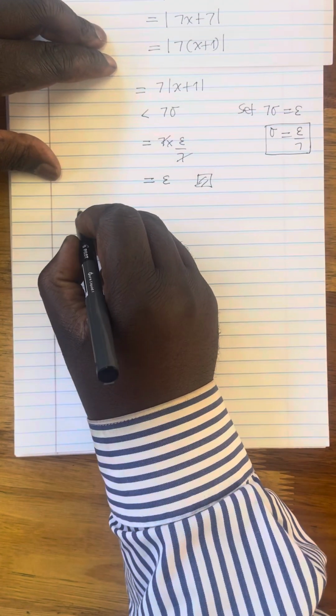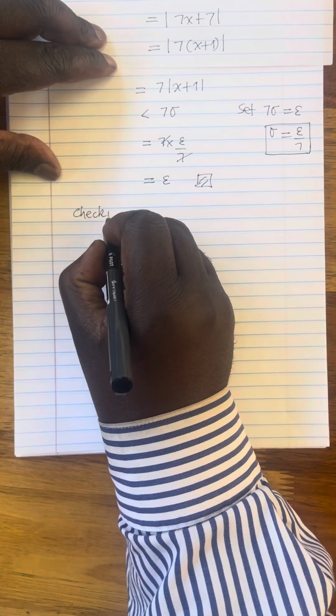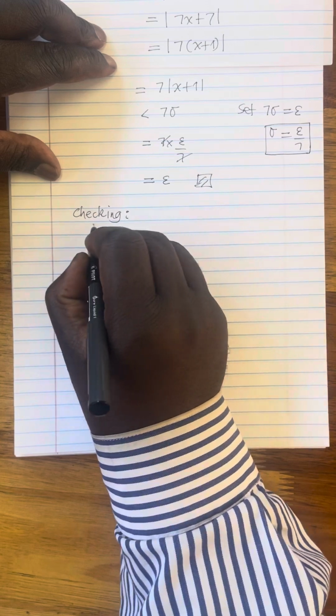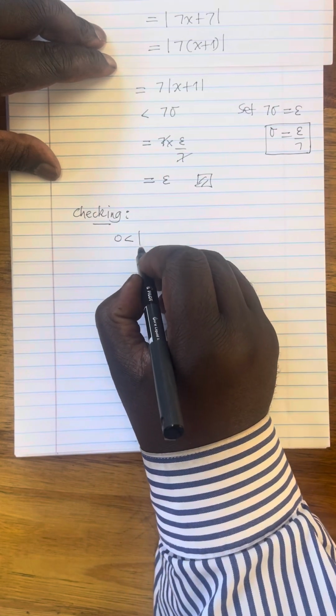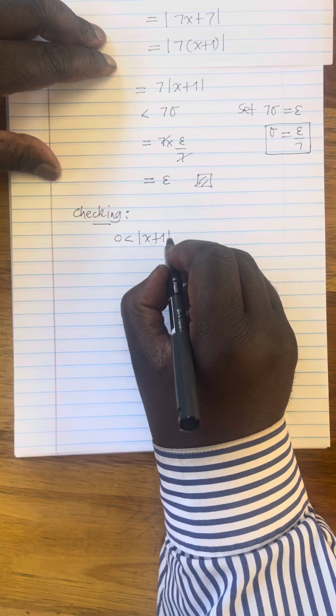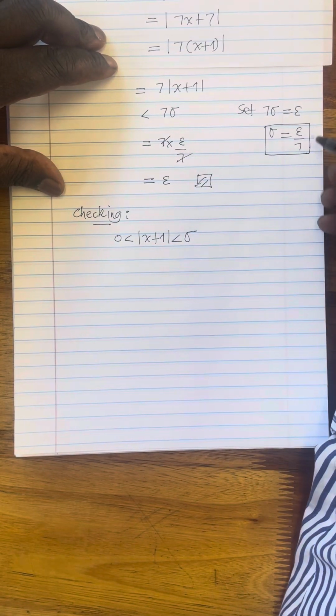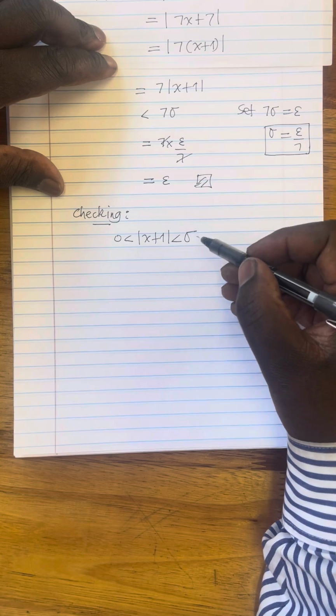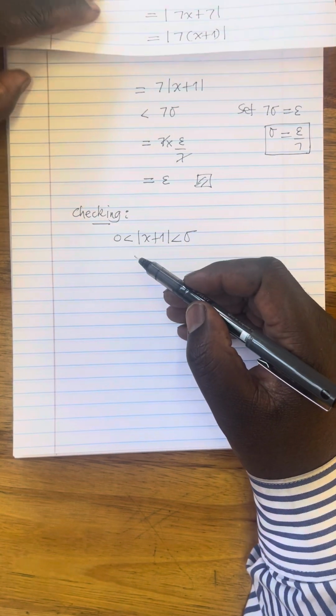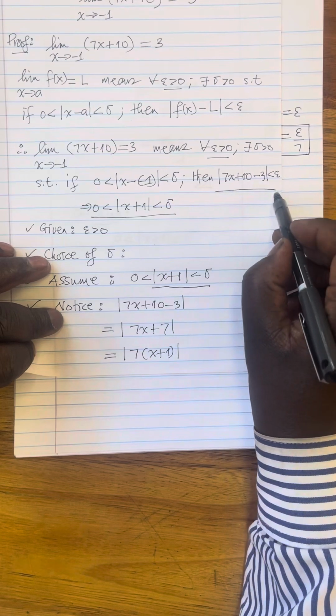Well, checking requires us to go back to the assumption stage. The assumption stage says the absolute value of x plus 1 is less than delta but greater than 0. That means if we take this, substitute in that place, and manipulate this expression here, we should get that one there.